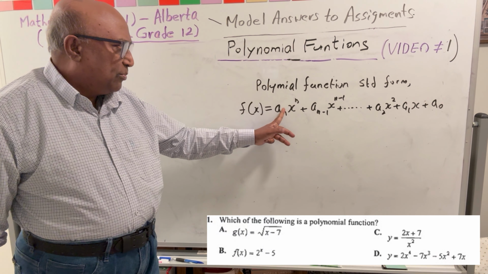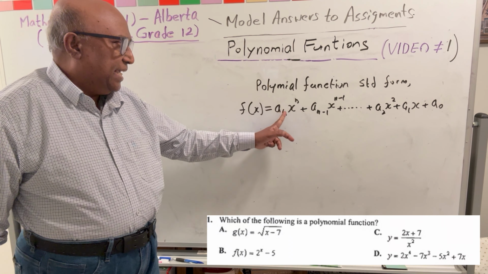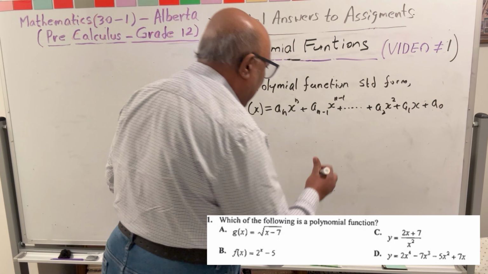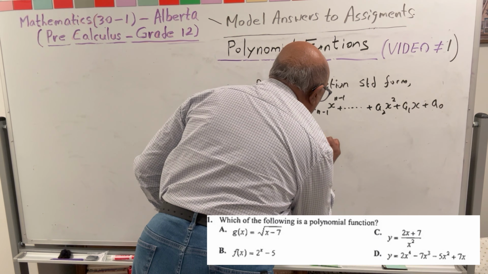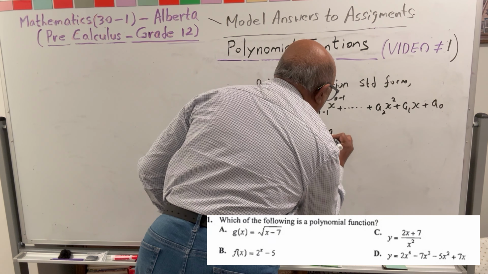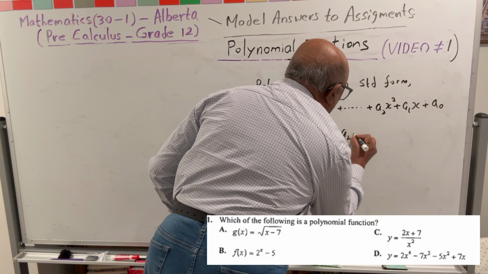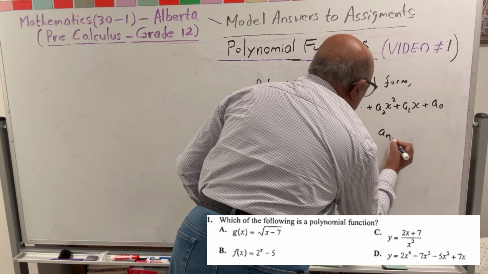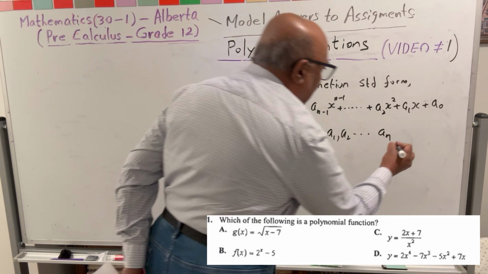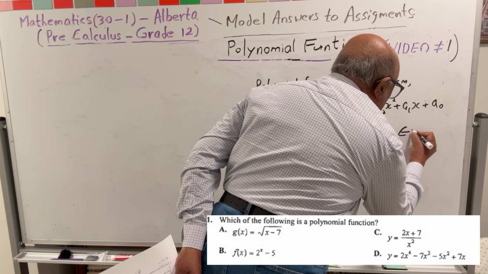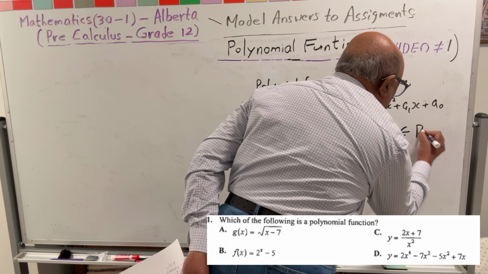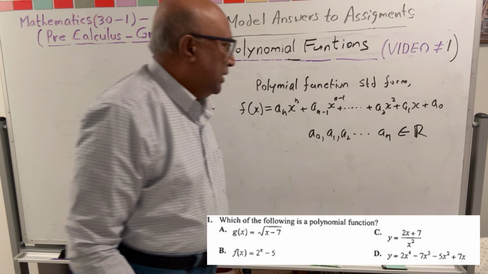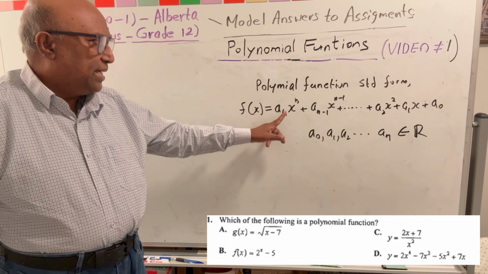There are coefficients for x^n, x^(n-1), like that: a_0, a_1, a_2, a_n. These are elements of real numbers. That means all coefficients are real numbers.